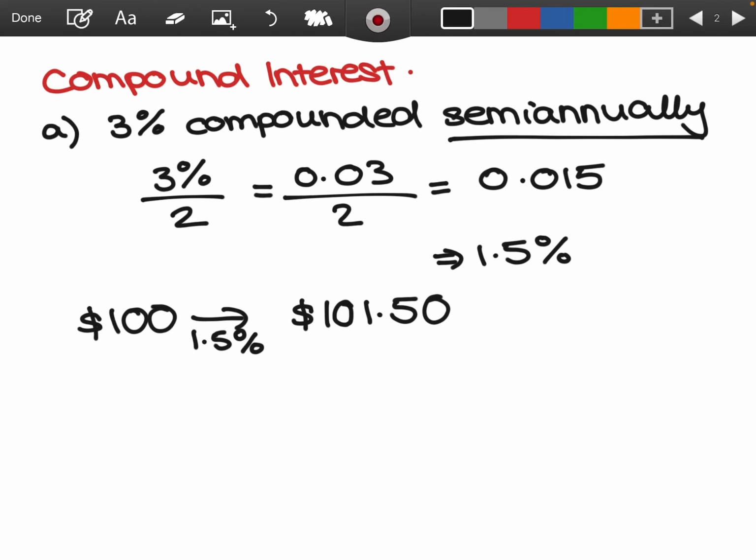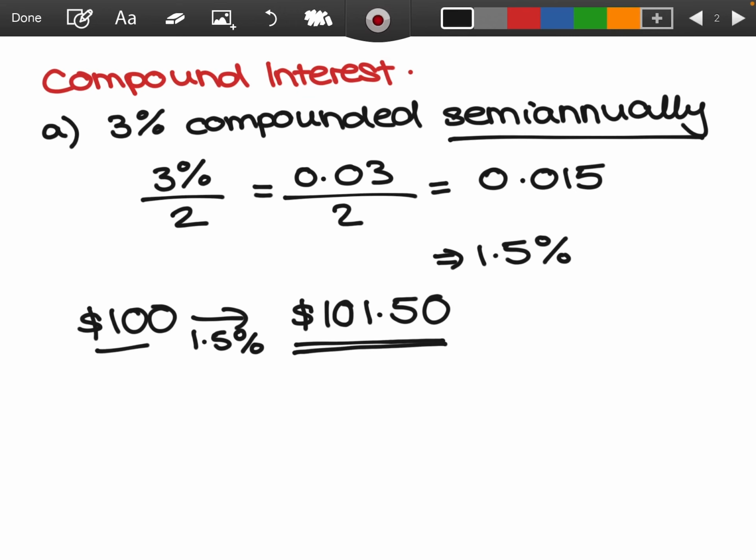So after 6 months, after my first period of semi-annually, I've accrued that $1.50 and it's been added onto my principal. Now, after my next 6 months, so I'm now in my second period, they are going to give me another 1.5% interest. But because we are looking at compound interest, I'm going to now accrue interest on this value, not just my principal amount.